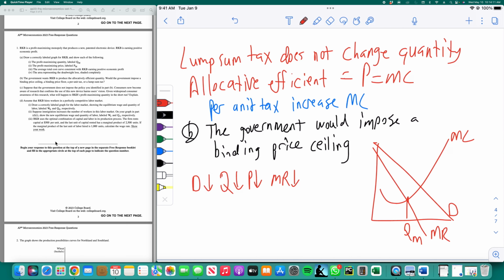But if we have a decrease in demand, such as here, and we decrease the marginal revenue, right? I'm drawing the same graph here, but I have to draw a new marginal revenue. You can now see that my quantity is here. So my quantity is decreasing. So what happens to the profit max quantity? Profit max quantity will decrease.